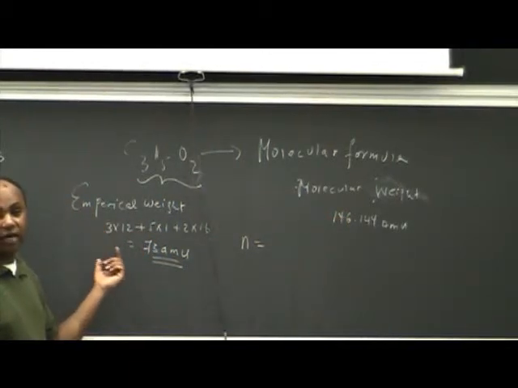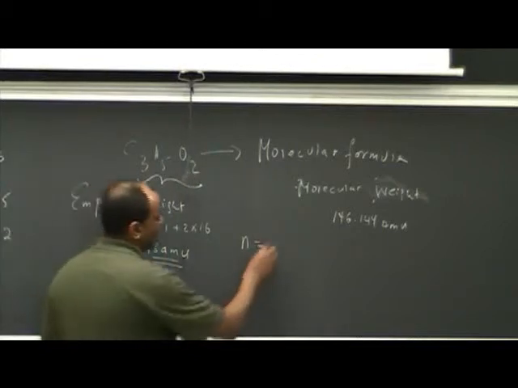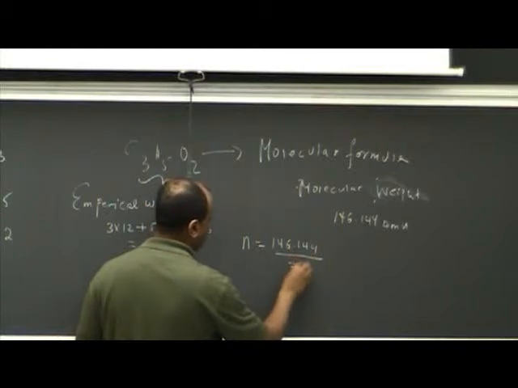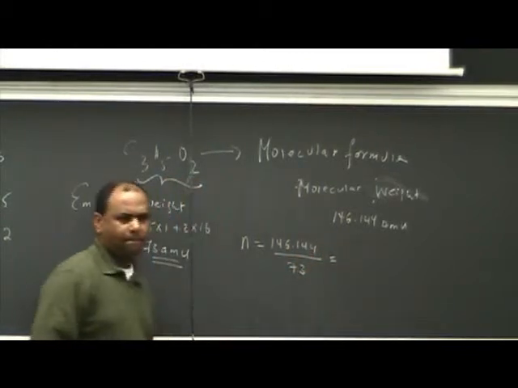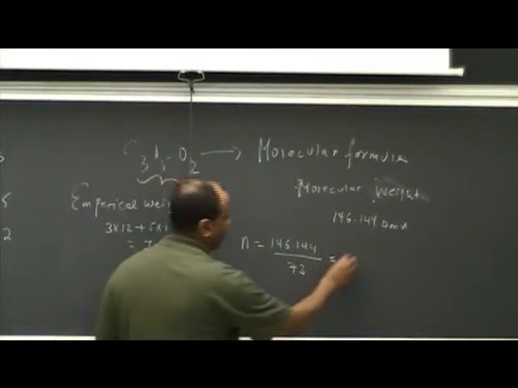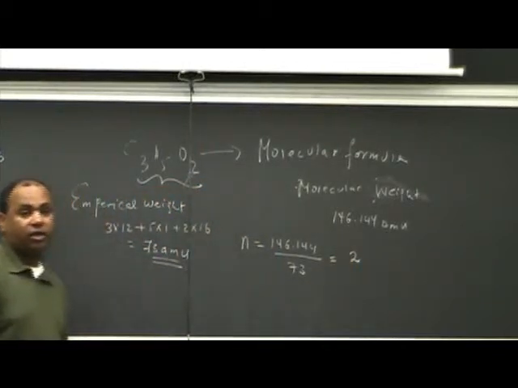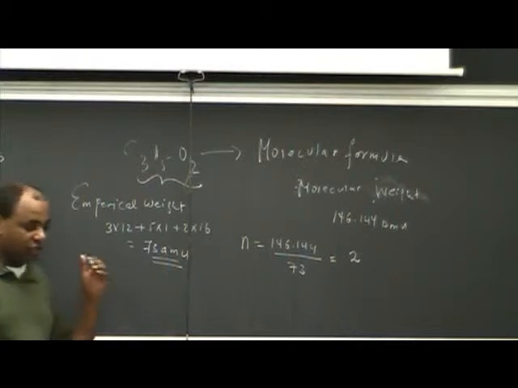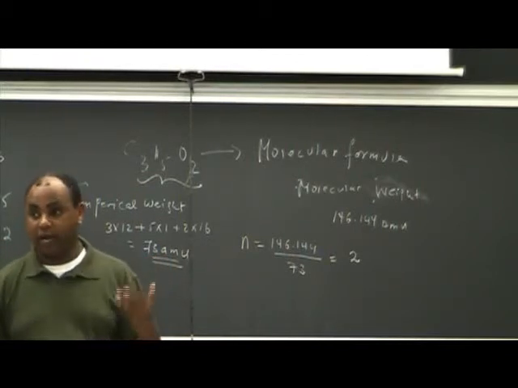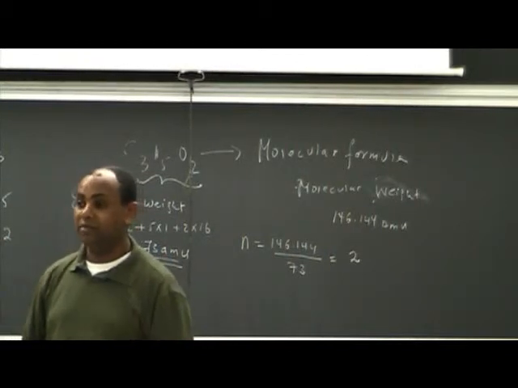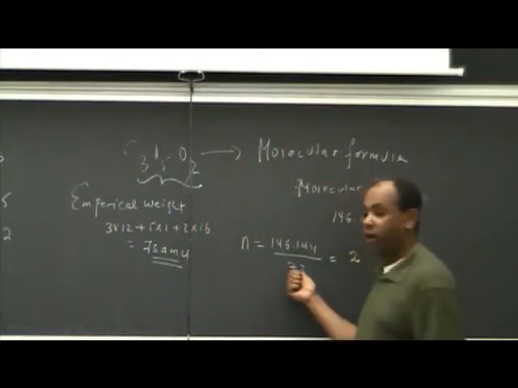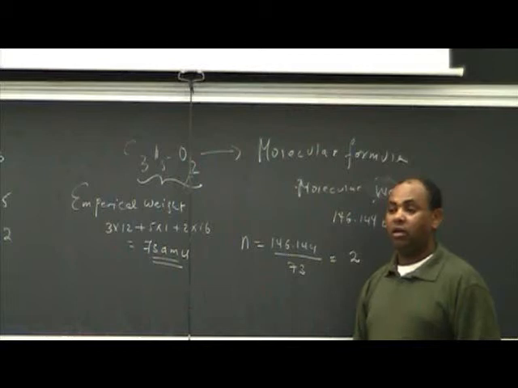That means 146.1 divided by 73, which is 2. The factor N is the ratio of the molecular weight, the experimentally determined or given molecular weight, to its empirical weight. That's called the factor N.